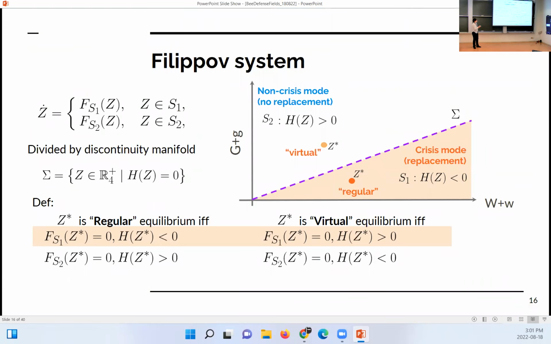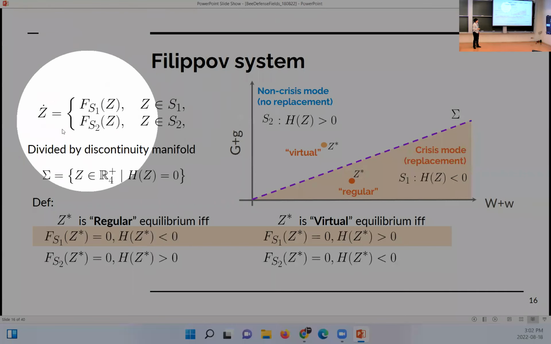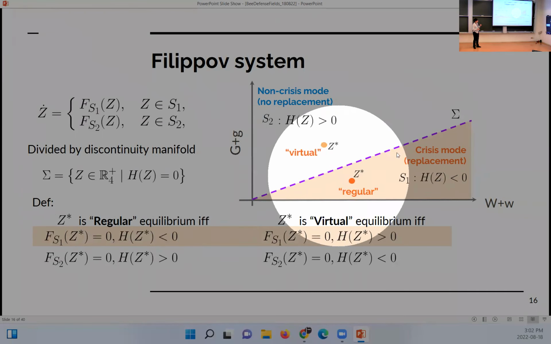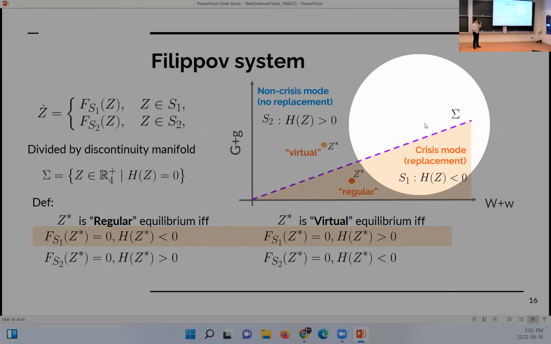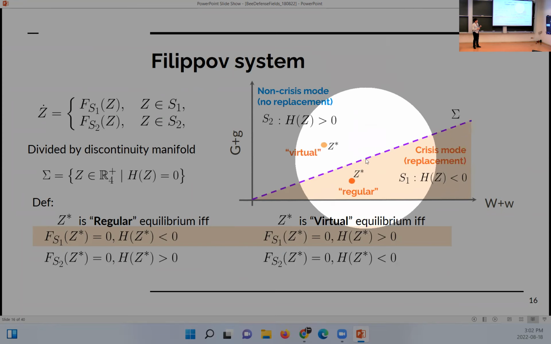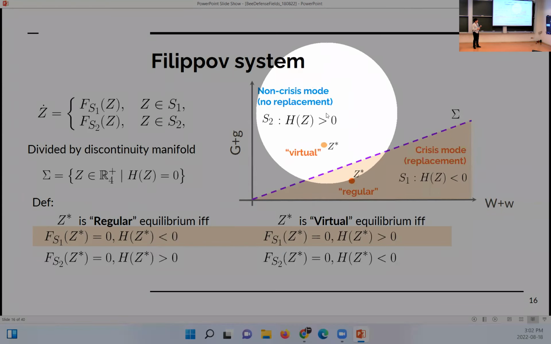So you have 2 vector fields, Fs1 and Fs2, which are just with and without replacement, divided by this switching function, this boundary, which just says when the fraction of guards is exactly equal to the threshold theta, and then when it's below or above that.